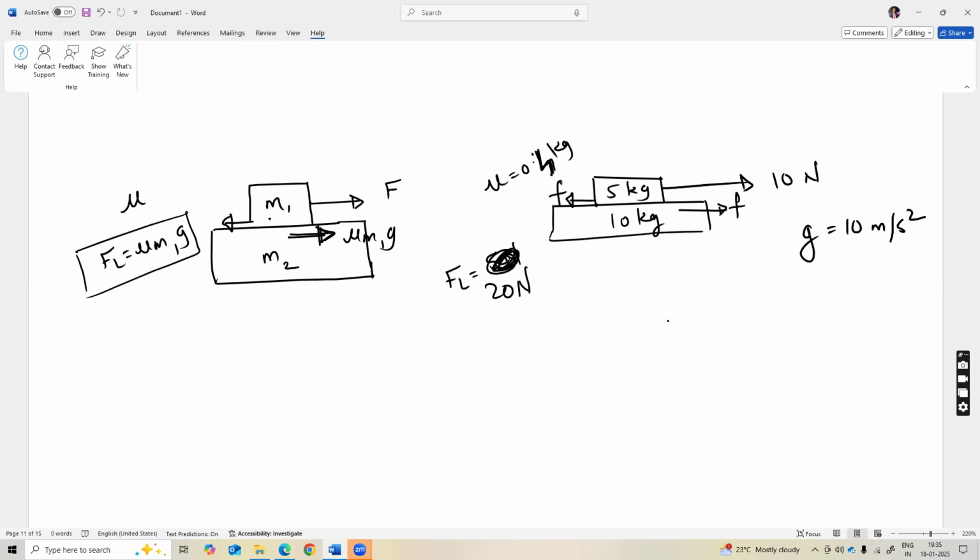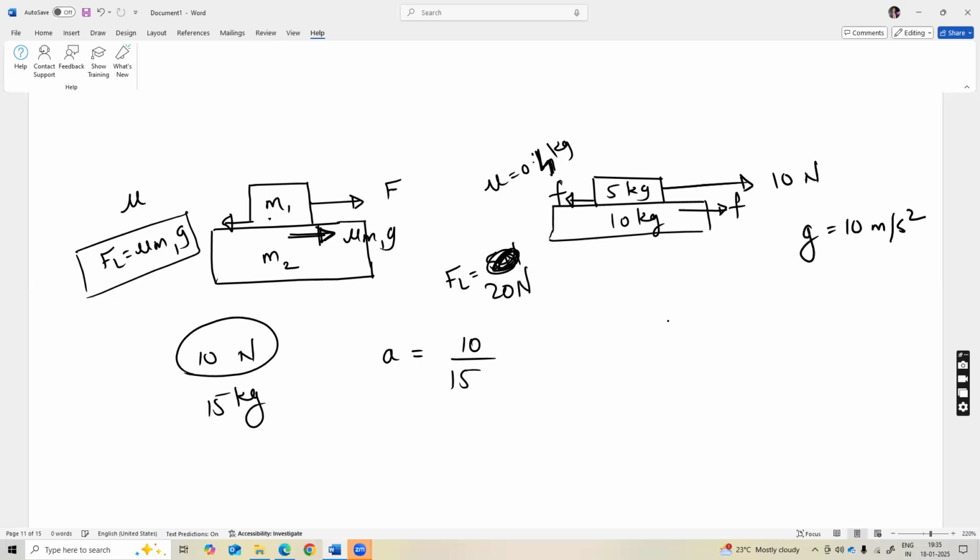Now, to find the value of this frictional force, since the applied force, which is 10 Newton, is less than the limiting frictional force, we consider that both the 5 kg and 10 kg blocks will move with each other. So the net applied force is 10 Newton on this system, and the net mass is 15 kg. So the acceleration of the system will be force upon mass.